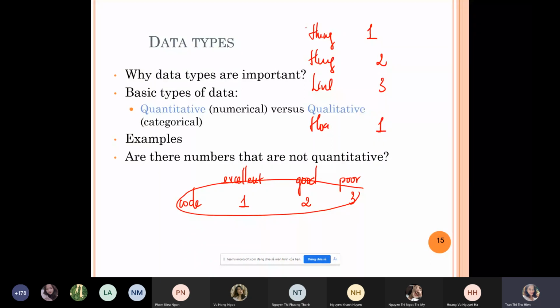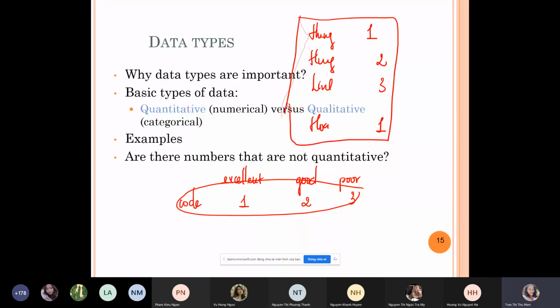When you look at the data, it is like that. So in this case, the numeric values 1, 2, 3 identify the category. It's not quantitative data. Number one here is not quantitative data because it is the code for qualitative or categorical data. Is this clear to you? Yes.